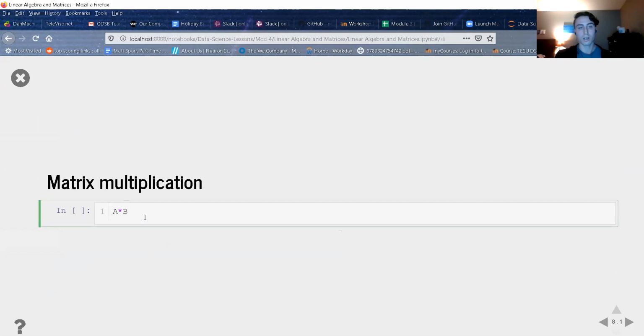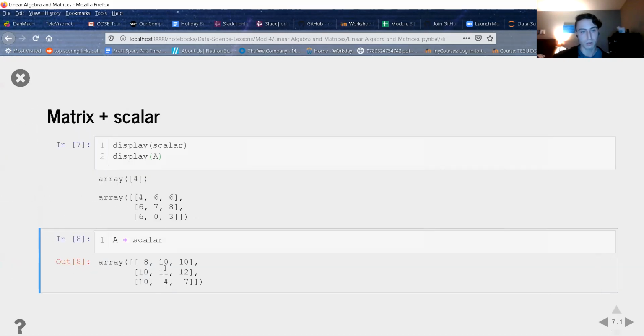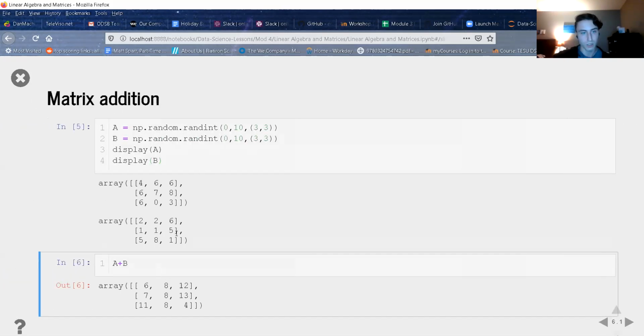All right, so matrix multiplication. This is where things get a little tricky because there's a couple different ways you can multiply matrices. So the first would be kind of what you would think you would do, and just that you multiply each element by the same element in the same position. So this would be our A times B. If we go back just for reference, let's see, where was B?